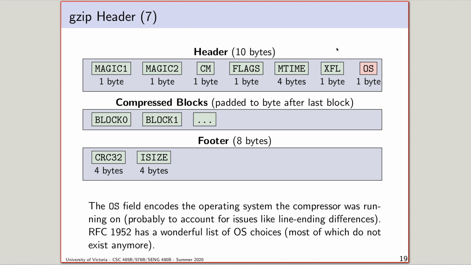Think back to the ecosystem of different platforms in the late 80s, where you had all sorts of strange limits on length of file names, how many bytes could be in a file, ways files were stored, what a user was, if there are users, and so this flag was intended for you to indicate what operating system it was encoded on. So if you're decompressing, you could say, "Oh, I'm on Unix, and this was encoded on some DOS machine or something.